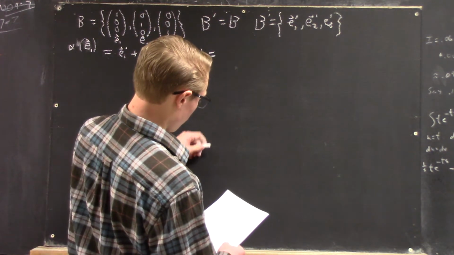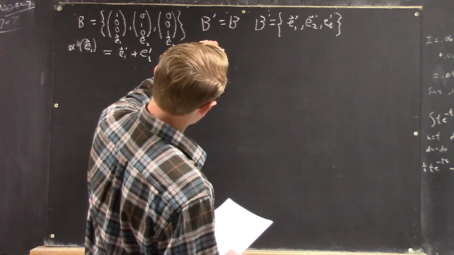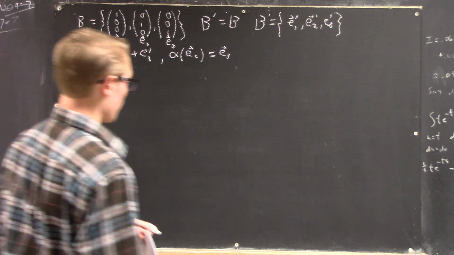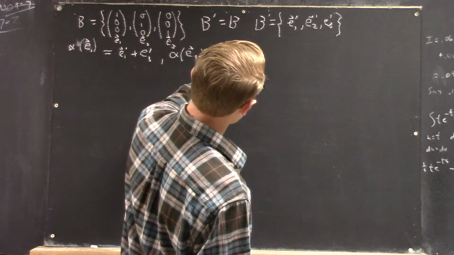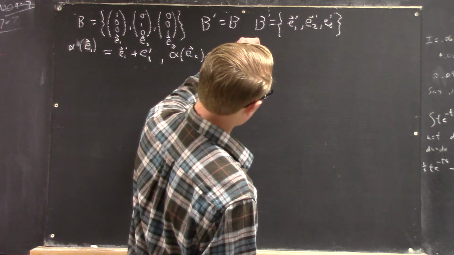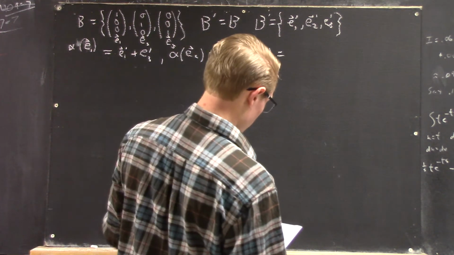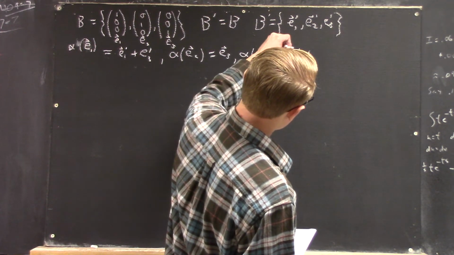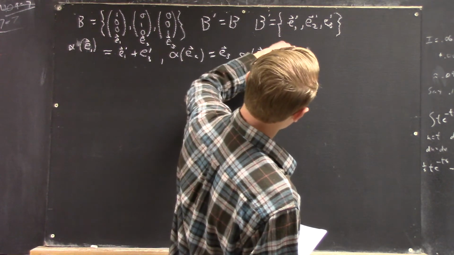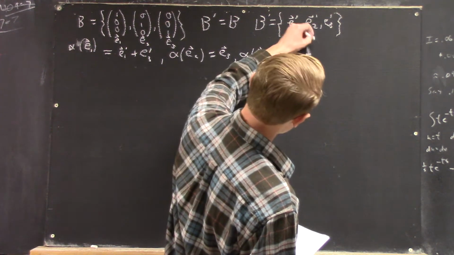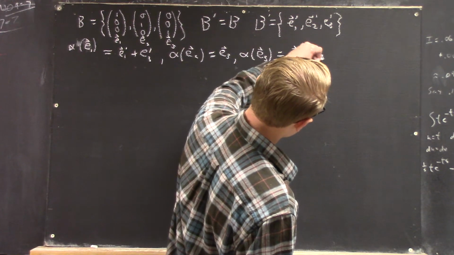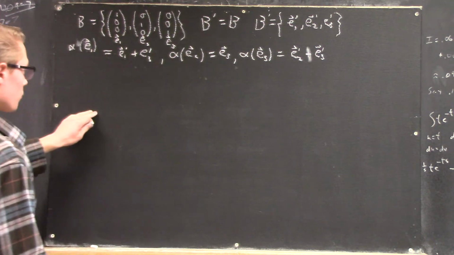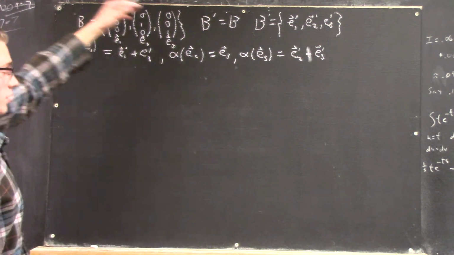This corresponds simply to vector E3 for the second element of the transformation of our vector, and the vector E3 will, of course, correspond to E2 prime minus E3 prime.